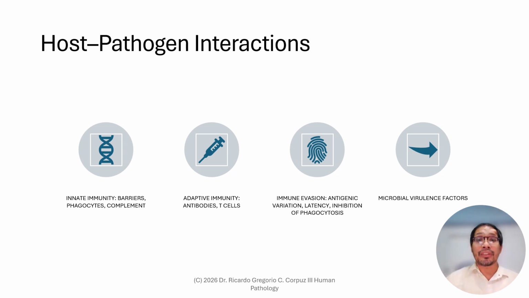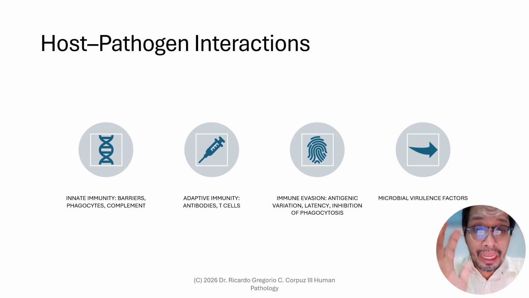Inhibition of phagocytosis: capsules, biofilms, or toxins that disable phagocytes. Intracellular survival, hiding within macrophages or epithelial cells to avoid antibodies. These evasion mechanisms allow microbes to persist, spread, or cause chronic recurrent disease.